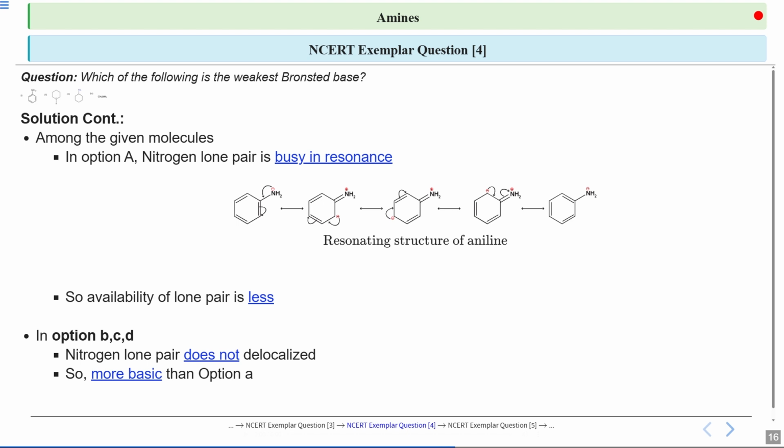Option B, C and D, they are more basic than option A. Okay, so this is the correct answer, that aniline, because its lone pair is busy taking part in the resonance, they are delocalized into the ring, so it is the weakest Bronsted base. Whereas if you see in option B, C and D, you will see that the lone pairs on the nitrogen, they are localized. Okay, so they are more basic than option A. Okay, so therefore option A is the correct option.